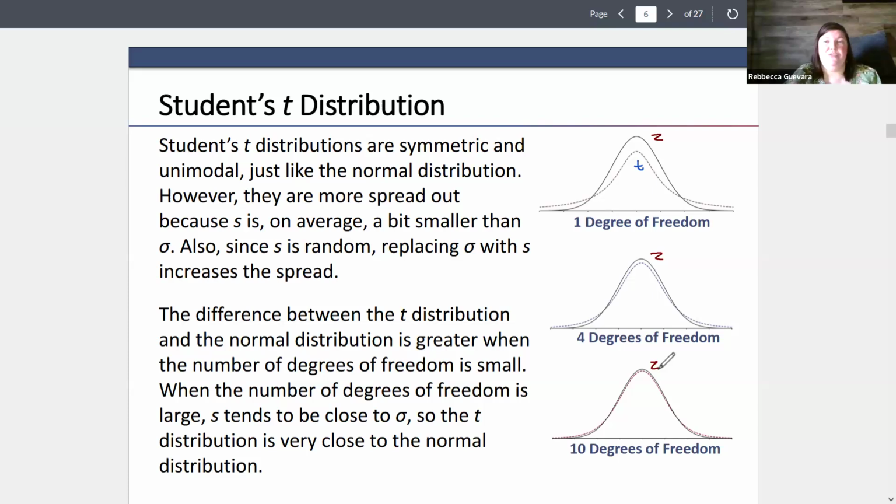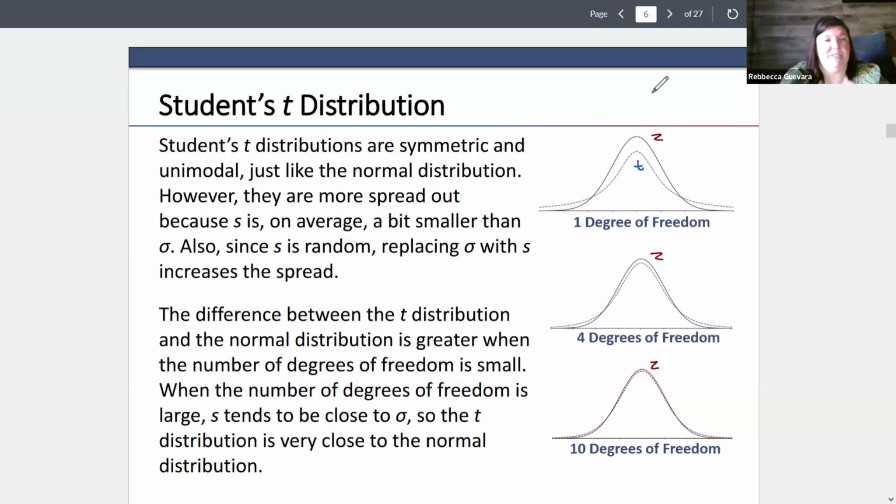The bigger my sample size, the bigger my degrees of freedom, the closer my t distribution is to the z distribution. When the number of degrees of freedom is large, S tends to get close to sigma, so the t distribution gets very close to the normal distribution.